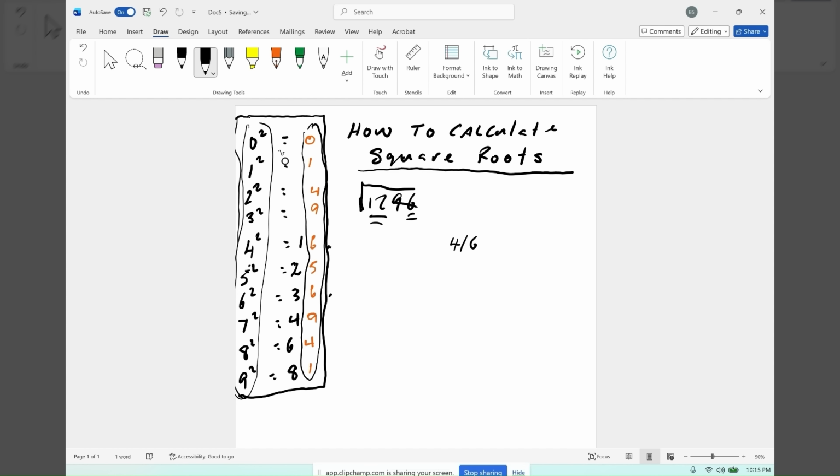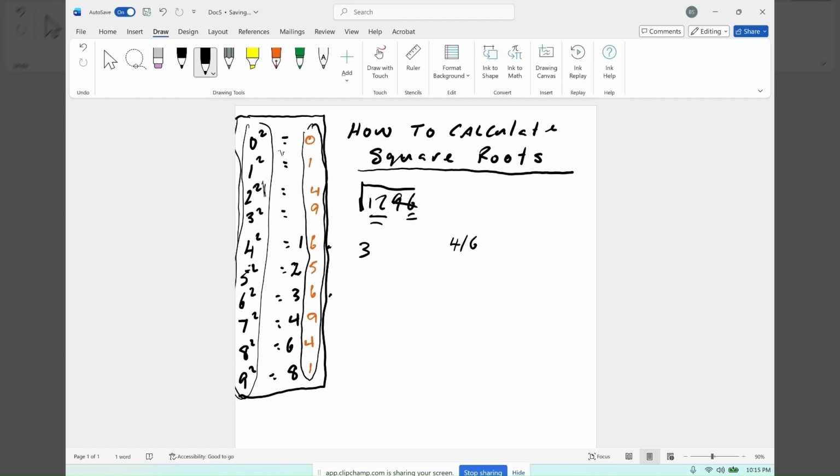My next phase is looking at these numbers on that side, where I ask which number, when I square it, is closest to 12 but less than 12. That number would be a 3.